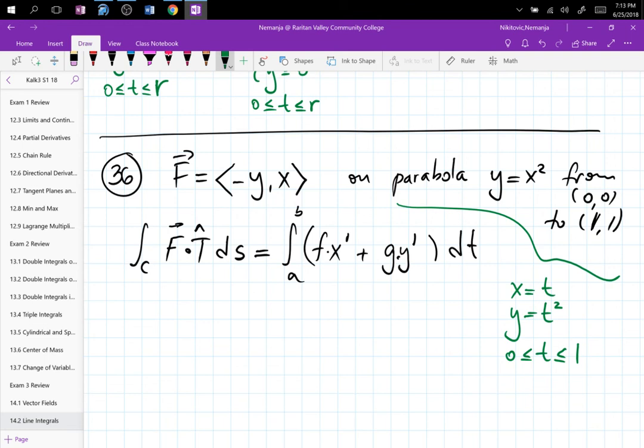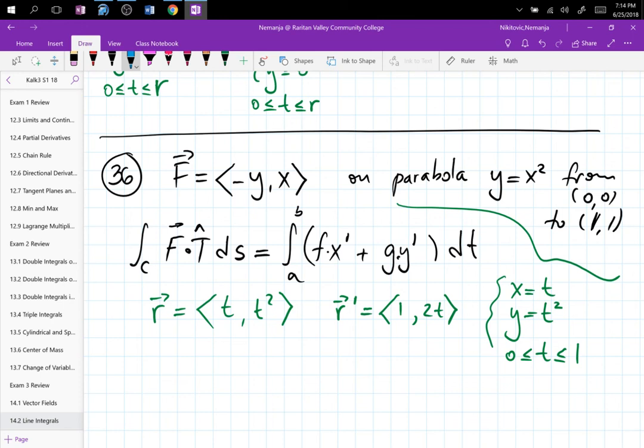So now that I have this parameterization, it creates vector r, which is t, t squared, which actually gives me r prime, which is 1 and 2t. Now, I'm going to use blue color to mark this thing, because by the end of putting all of this into the formula, you'll probably stay cross-eyed.